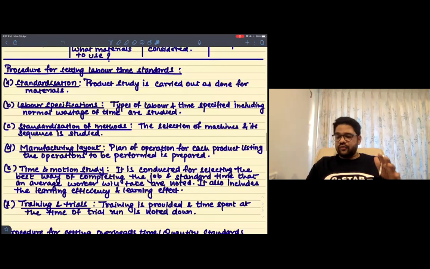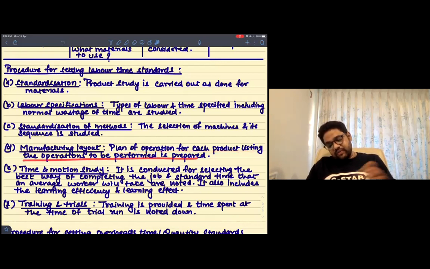Same as the procedure for setting up a labor time standard as well. You will standardize, you will put down the specifications of the labor that you need, then you will standardize the method. A manufacturing layout, this is important. A plan of operation for each product, listing the operations to be performed.